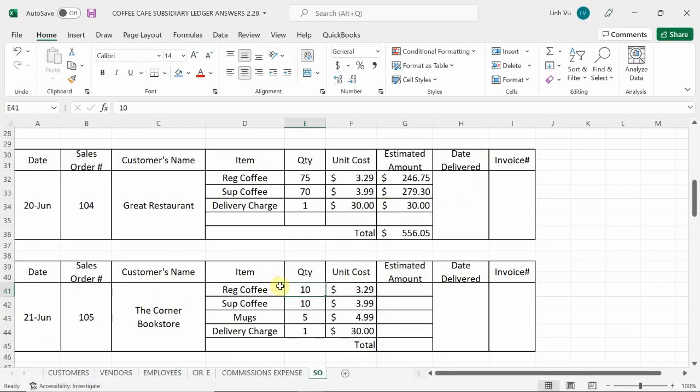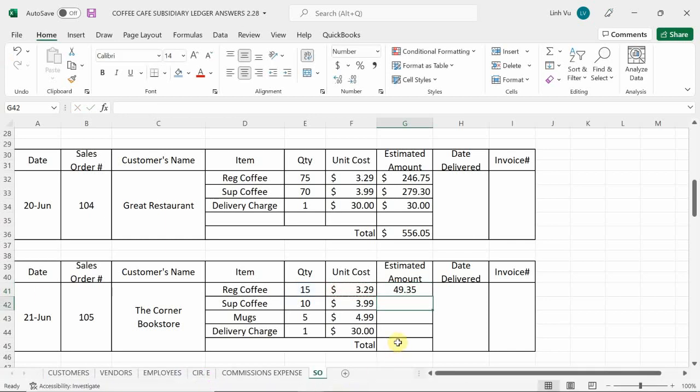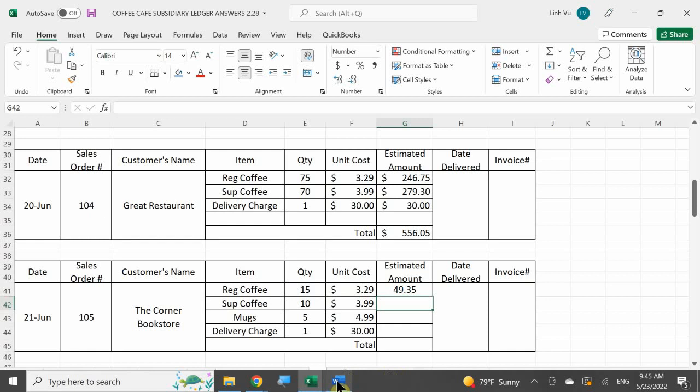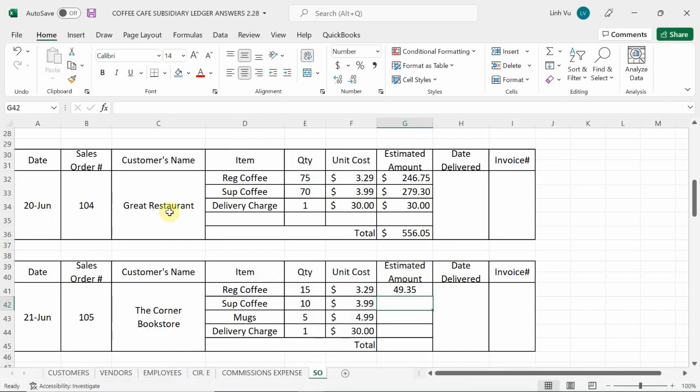Okay. 15 by 3.29 is 49.35. Okay. And then let's see, Supreme Coffee. We sold 10. And then we're going to sell 15 of the ceramic coffee mugs.